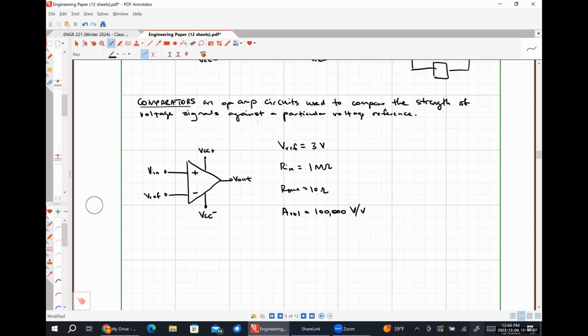I want us to figure out what the output is going to look like if, actually, let me define a couple other things. So let's say that VCC plus is equal to positive 10 volts, VCC minus is equal to negative 10 volts. And then we're going to let Vn range from 0 is less than Vn is less than 10 volts.